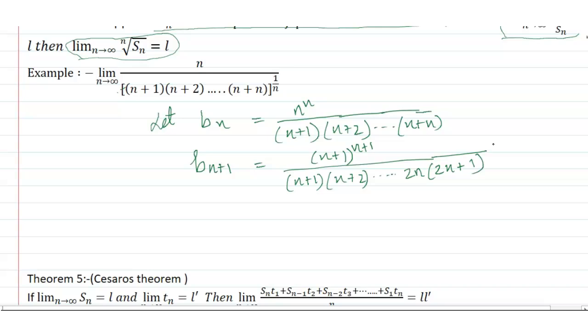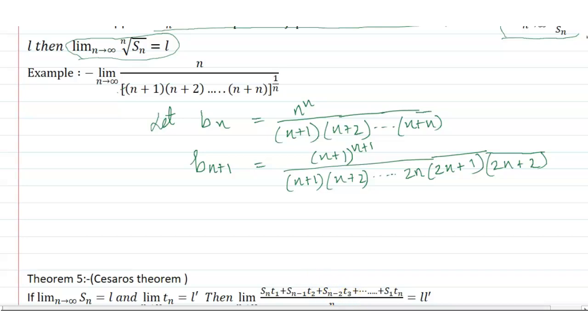This value is Bn plus 1, 2n plus 1 into 2n plus 2.